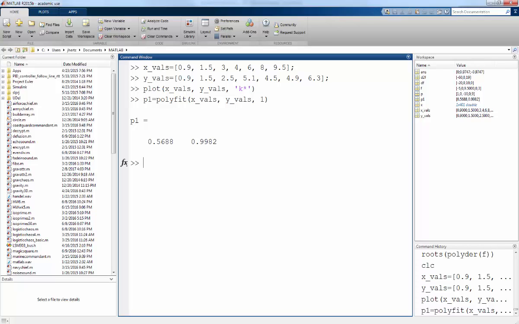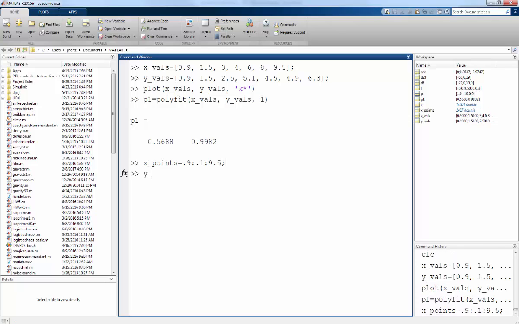And if we want to plot this, then let's create some x points to plot, maybe from 0.9 up to 9.5, because that was our range of x values. And let's get some y points to plot, which would be evaluating that polynomial that we just created over that same range of x values.